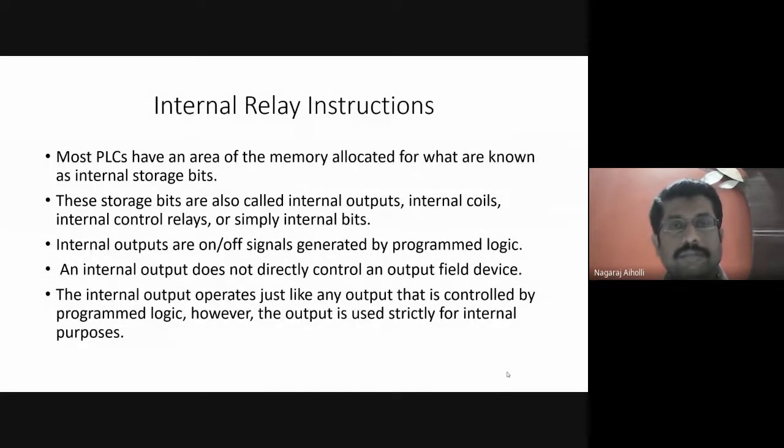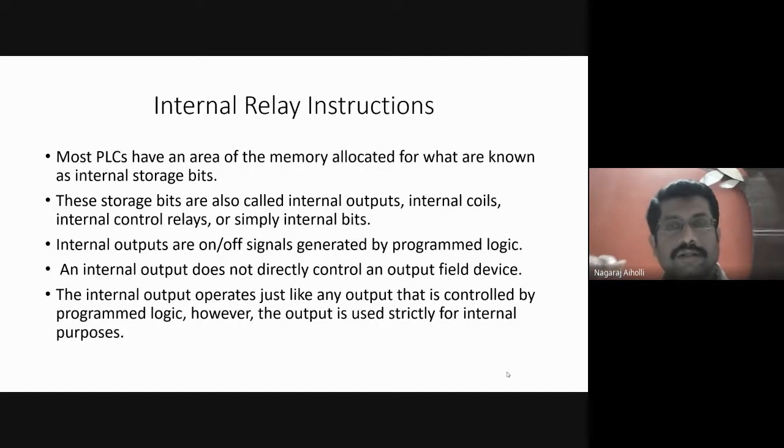In today's class, I'll be starting with the internal relay instructions. These internal relay instructions have an area of the memory particularly meant for storing the bits related to internal relay instructions.